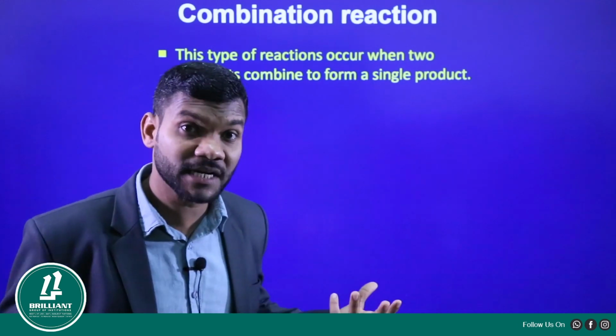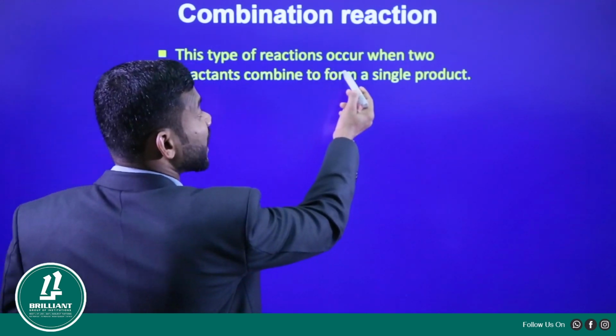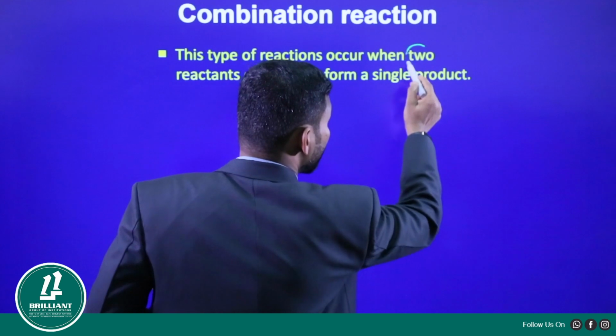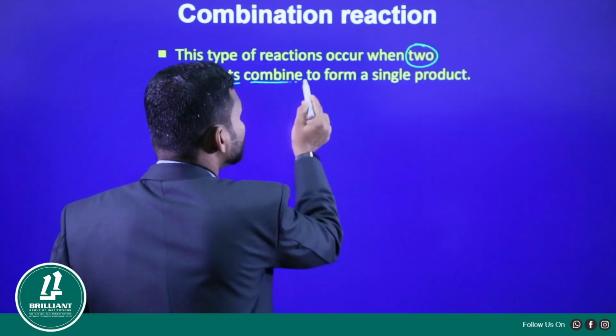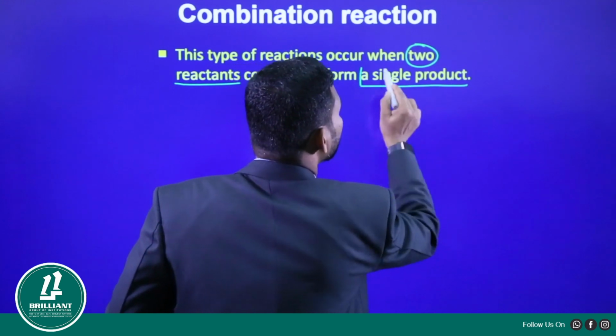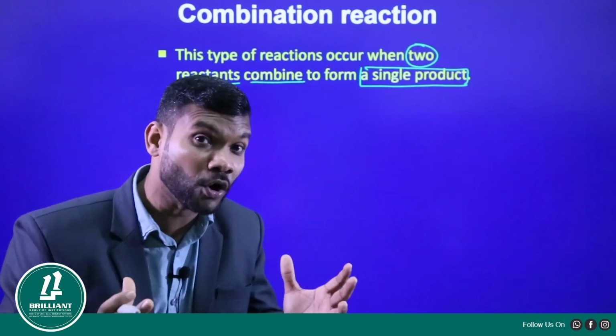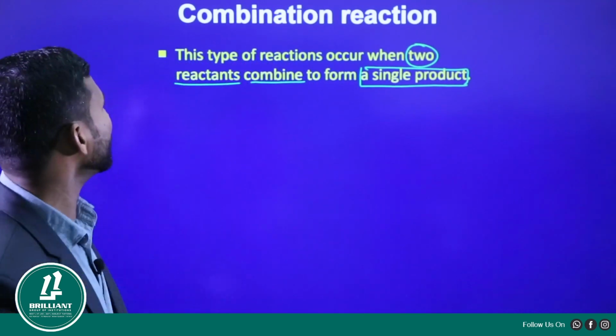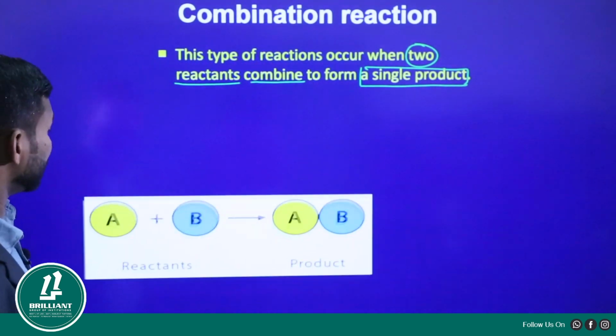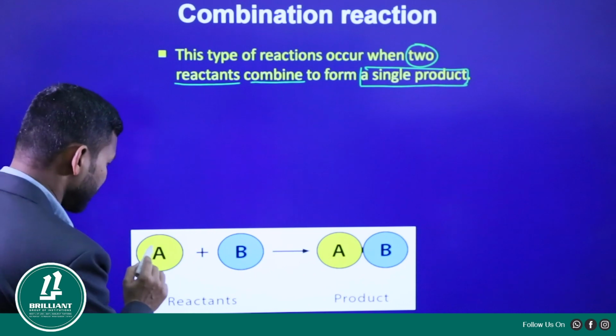Let us see what a combination reaction is. It's a type of reaction which occurs when two reactants combine to form a single product. That is the most important thing. Look at the example here.